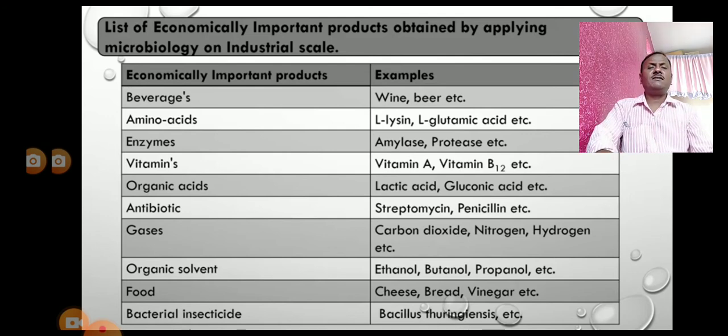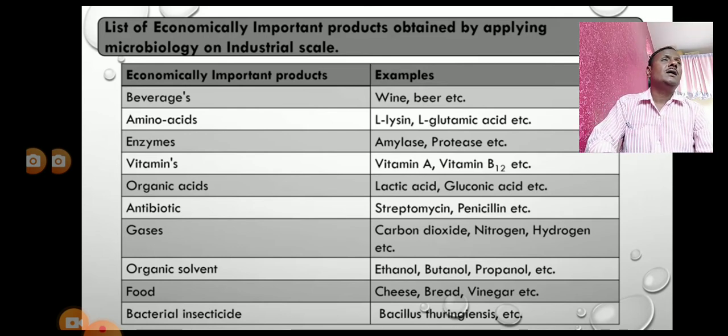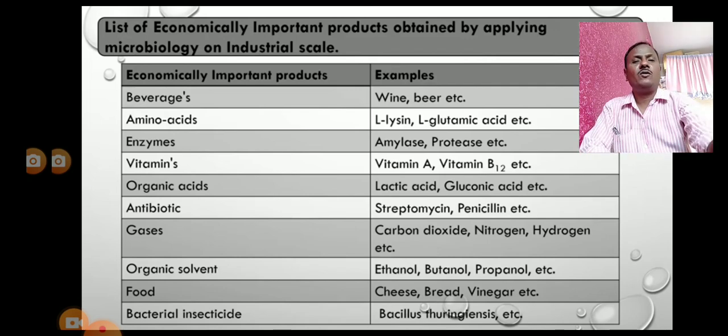Apart from that, bacterial insecticides we can produce by using Bacillus thuringiensis. We can also produce biofertilizers by using Rhizobium and Azotobacter.